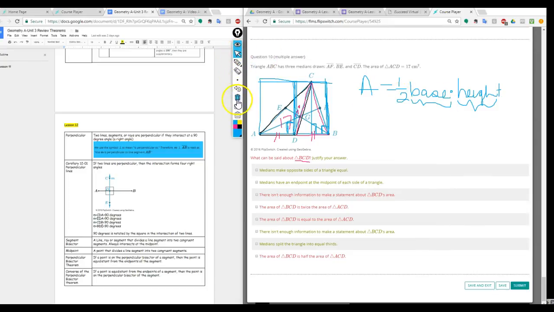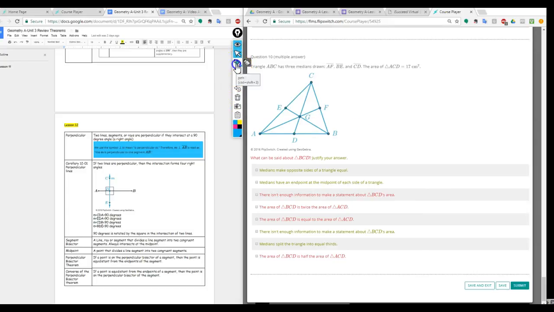And that's already been shown because AD is the same length as BD because it's a median, because it was cut in half. So we know that the area of triangle BCD is equal to the area of triangle ACD, and we know that because medians have an endpoint at the midpoint of each side of the triangle. So point D is the midpoint. That way we know each segment was the same.